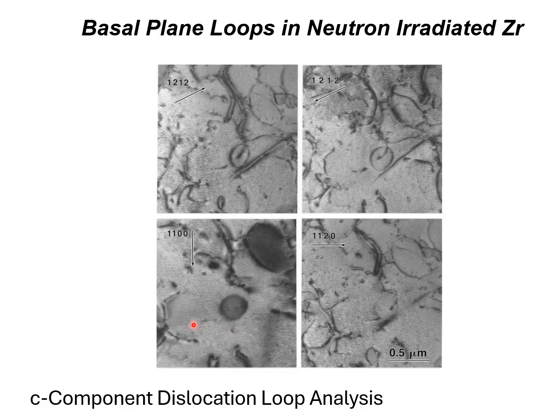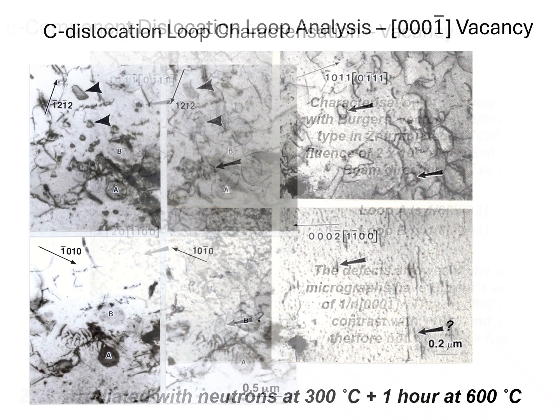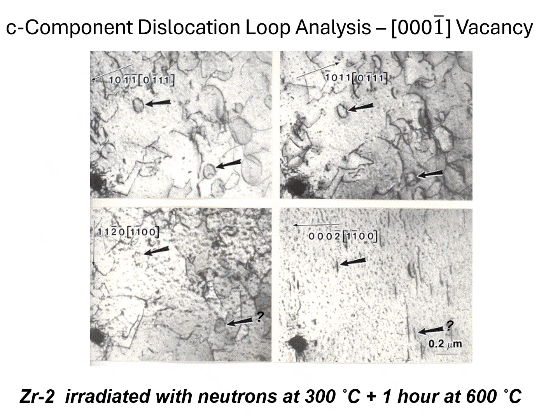Here's a C-component loop in zirconium and the characterization of the loop. Here's some other loops in zirconium and their characterization, typically the vacancy, whether it's neutron or electron irradiation. I mentioned cleaning up the image by annealing.